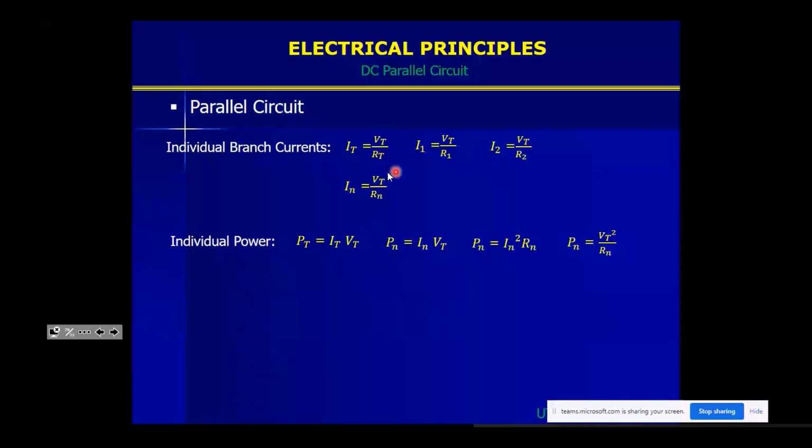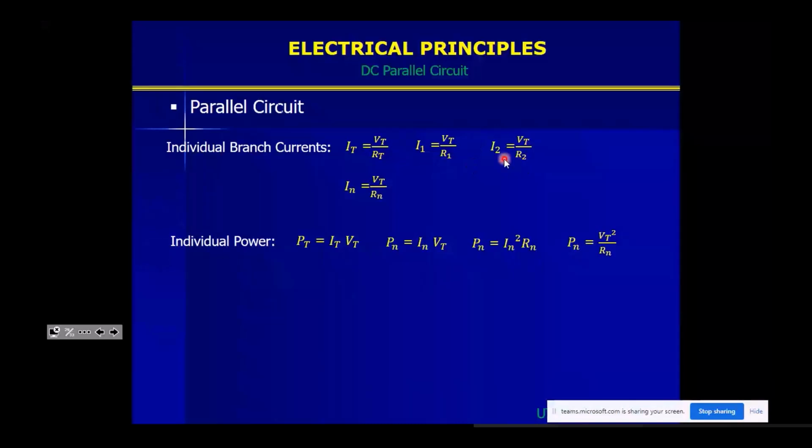Again, for Ohm's law, looking for individual values, you will use Ohm's law with the branch currents. Looking for the total current, look at the relationship. We have here VT over RT. Looking for the branch current I1, VT over R1.